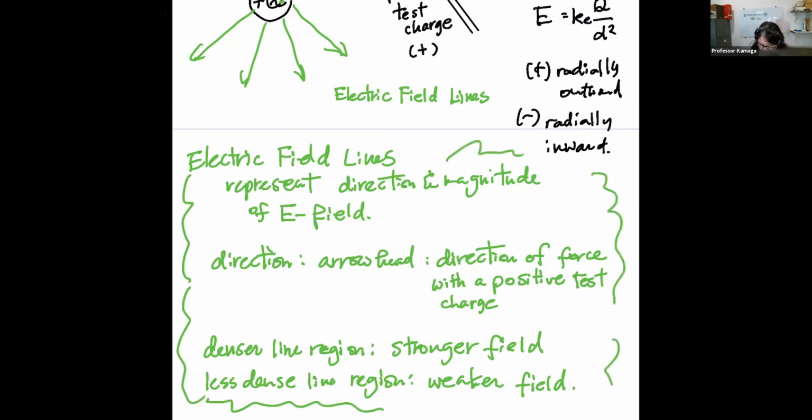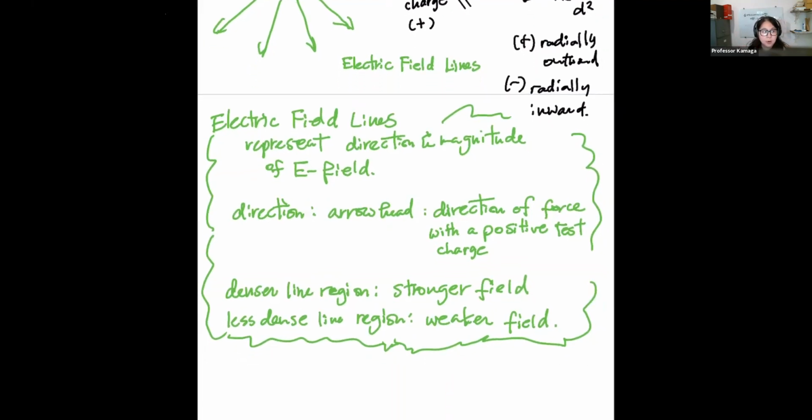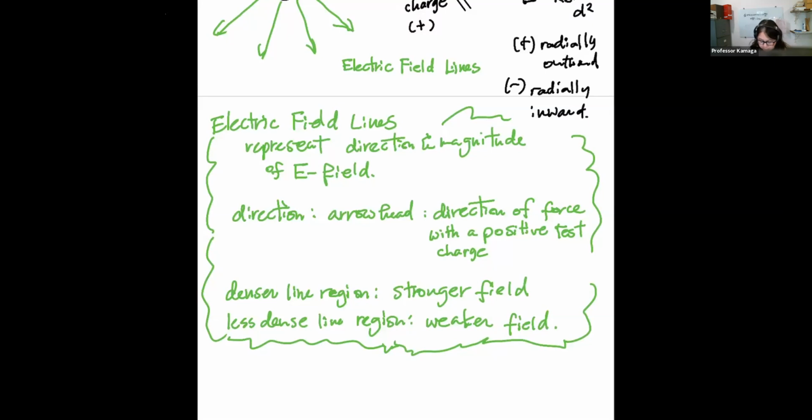Unlike vectors, where a bigger magnitude means you make the arrow longer, this is not about the length, because electric field lines are never going to be discontinued. Electric field lines never disconnect. Like the electric force, which never becomes zero.